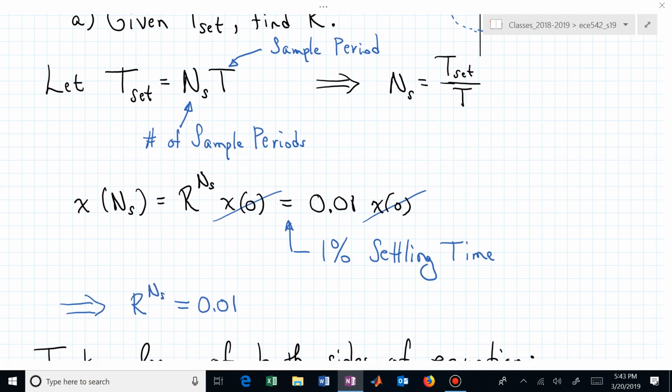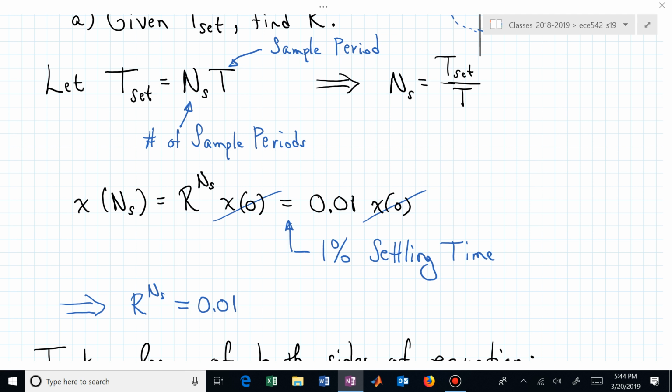Well, that leads then to this relationship. We can cancel out the initial condition. That's the same on both sides. And x at n is r to the n, x of 0, and now we're just replacing little n with a particular number of samples, capital N sub s, which we want to be less than or equal to 0.01 for a 1% settling time.